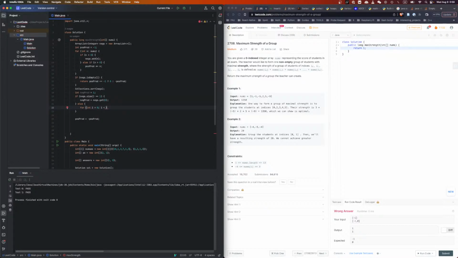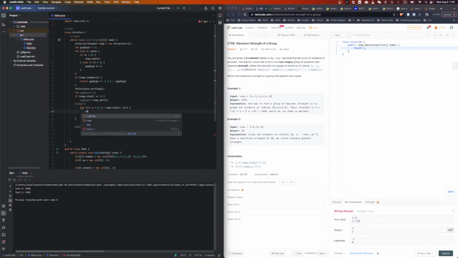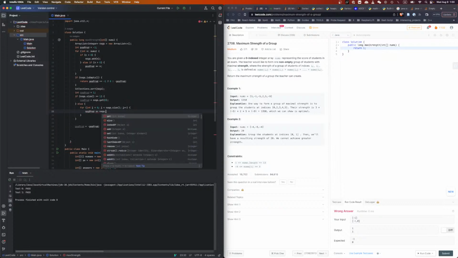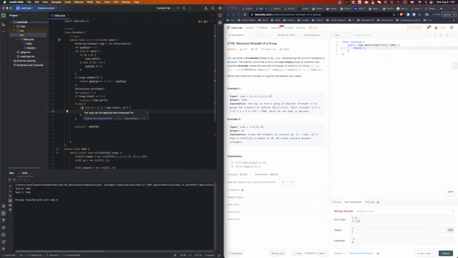Oh man. Yeah, that's fine. I just do negs dot size. We say neg prod times equal to negs dot get I. What's wrong with this?